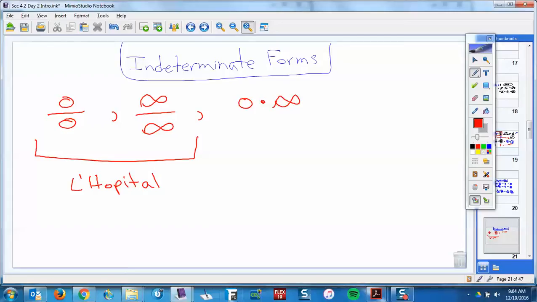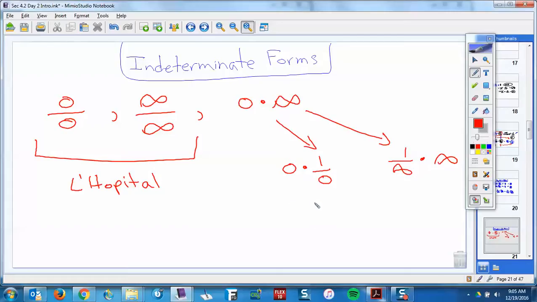Well, guess what? Remember what I said about reciprocal? Remember that? Well, 0 times infinity, I can either write as 0 times 1 over 0, because isn't 1 over 0 basically infinity? We said that, 1 over a really small number is a really big number. Or I could do the reverse of that. I could do 1 over infinity times infinity. 1 over infinity is essentially 0.